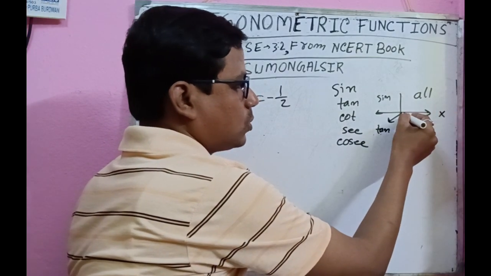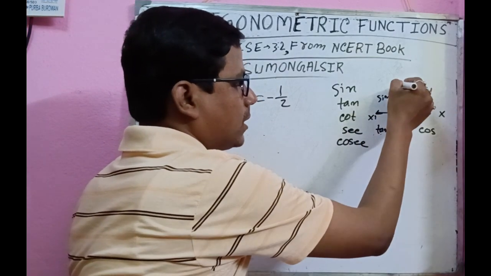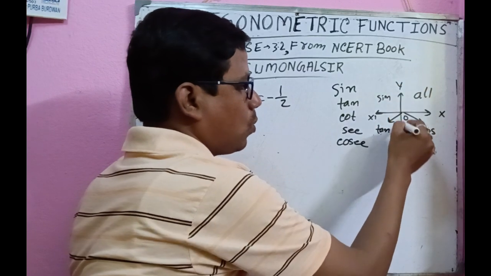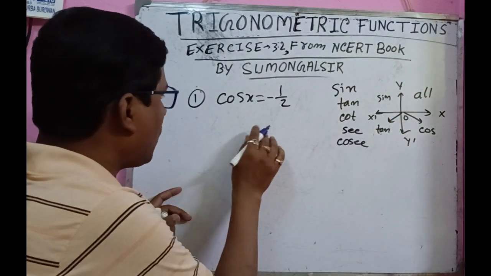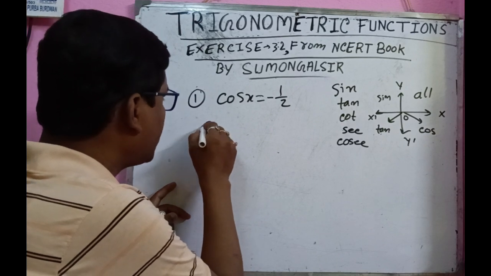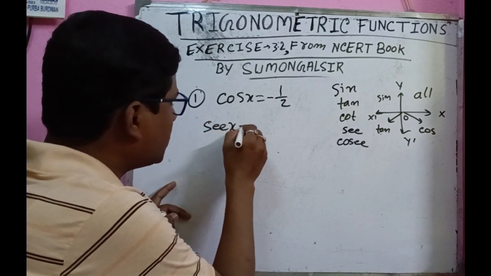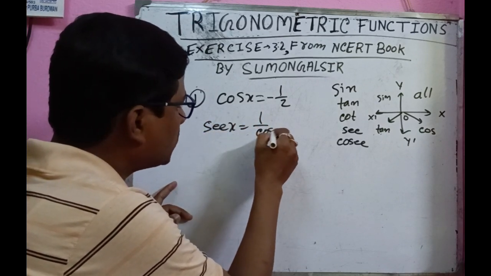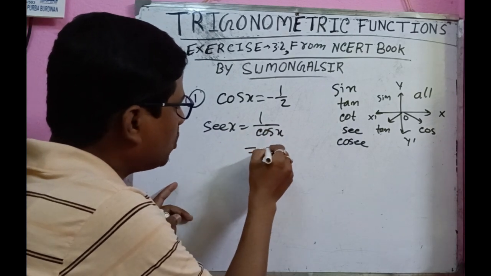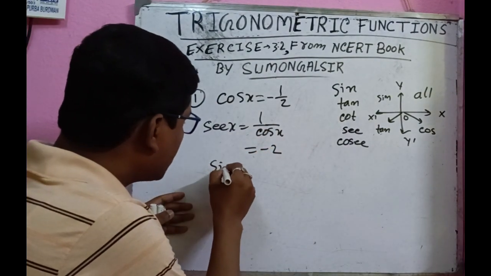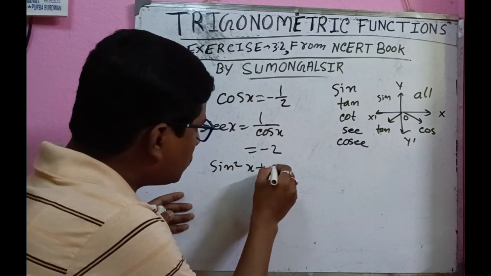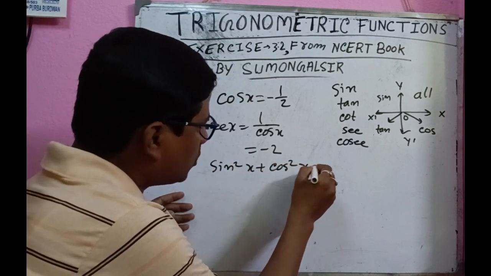This is the X'OX and this is the YOY'. Now according to our standard formula, sec x is equal to 1 by cos, so this will be minus 2, and we know that sin square x plus cos square x is equal to 1.